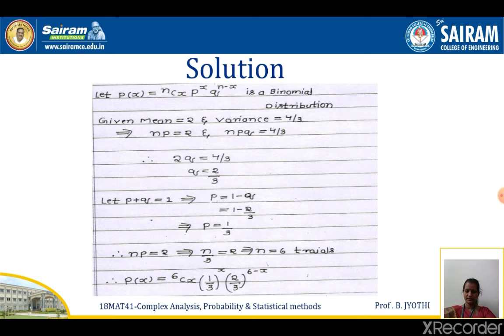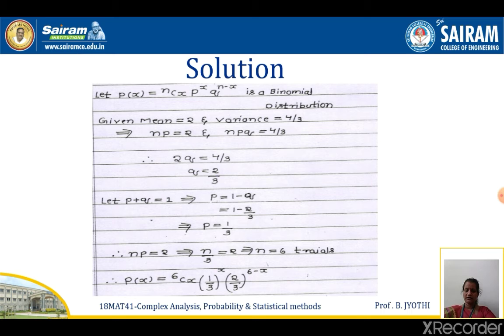And we know that p + q is always equal to 1, which implies p = 1 - q. On substituting the value of q, we get the value of p. Therefore, np = 2 implies n, where the p value is 1/3 on substitution, we get n = 6.